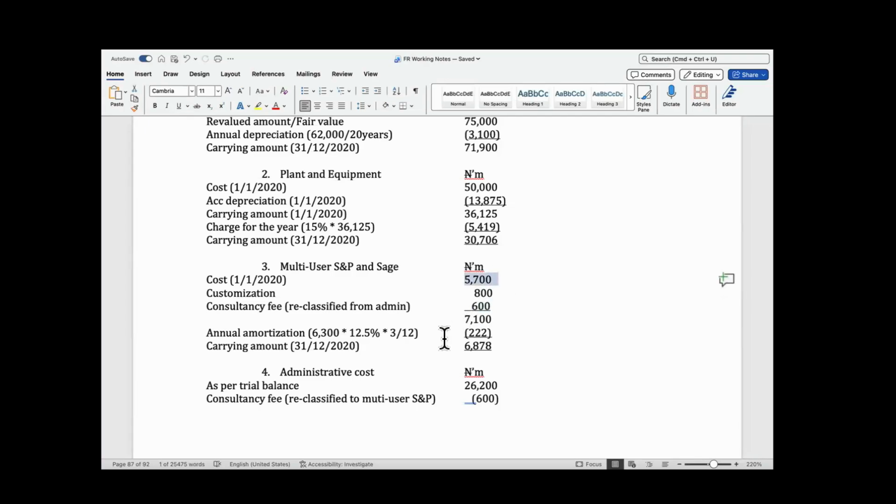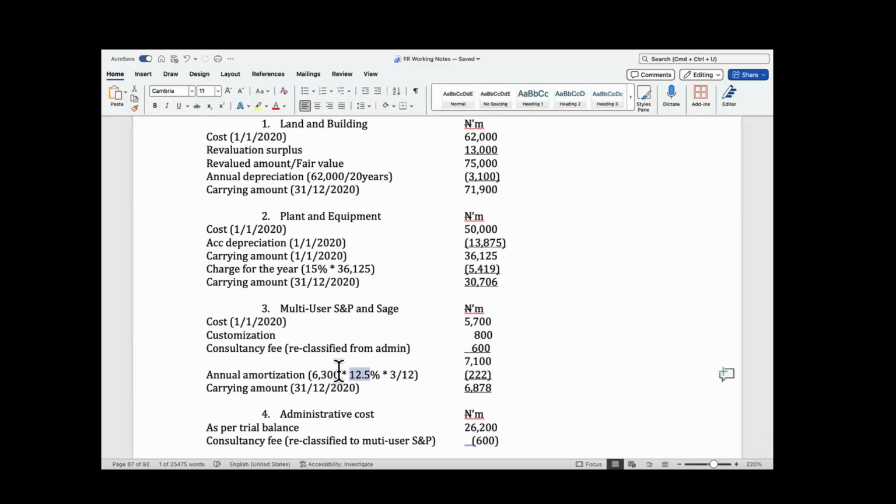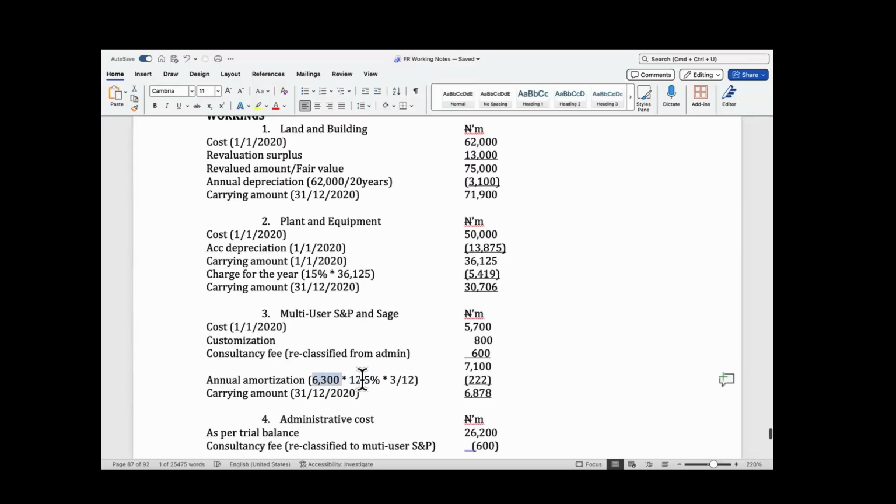Okay. And I applied my depreciation on 6,300, 12.5% times 6,300 times that. And how did I get this 6,300? It is wrong. It should be 7,100, which is the total cost of the asset.